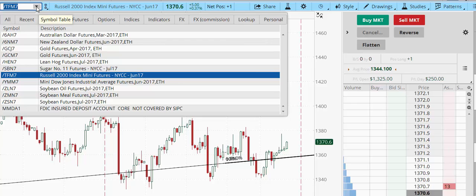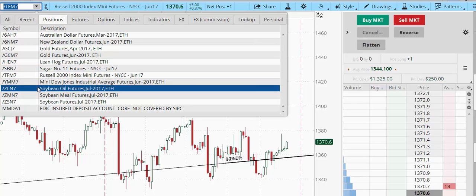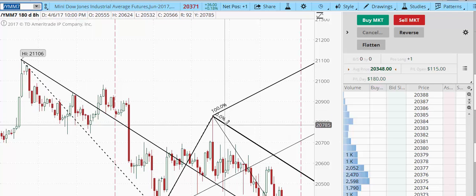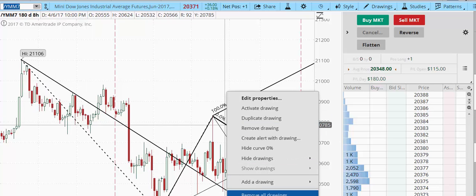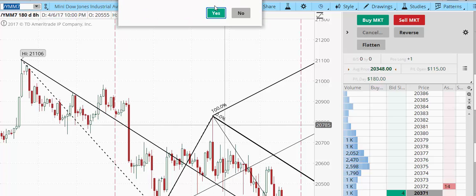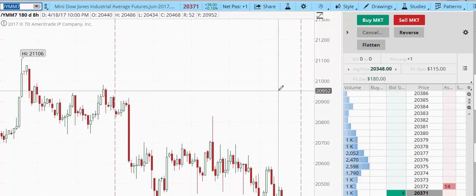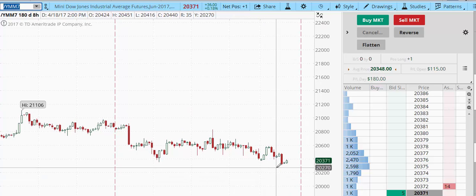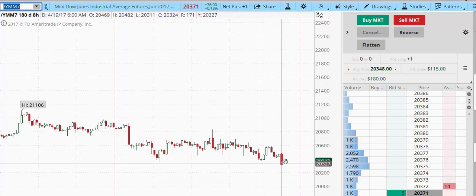Now, as for the YM, that is the mini Dow Jones. Okay. Let's take these lines off of here. Okay, so yesterday, this is yesterday afternoon.